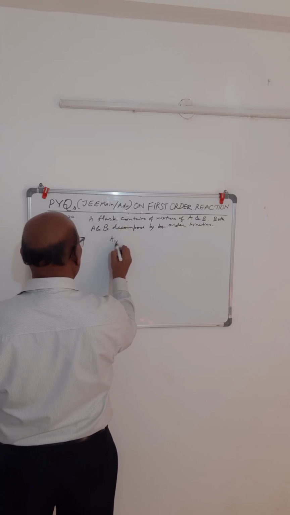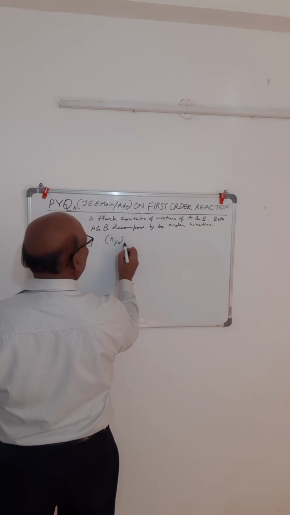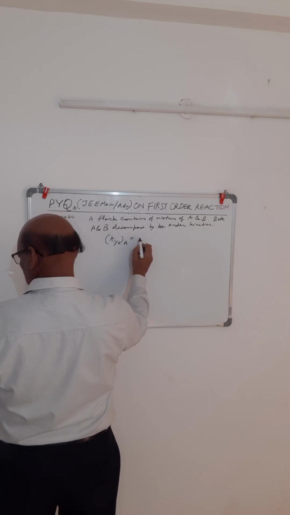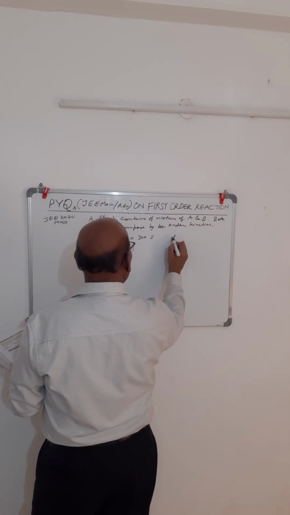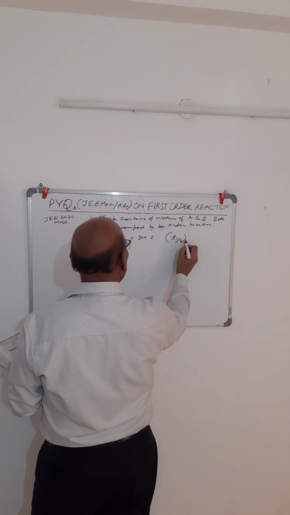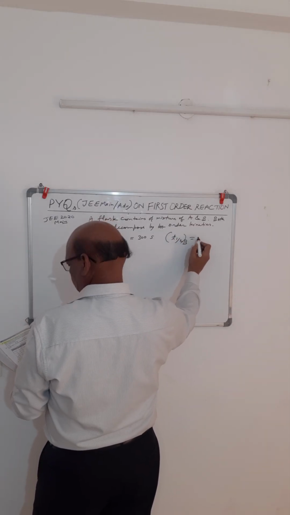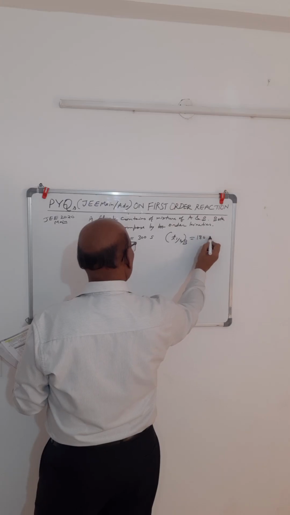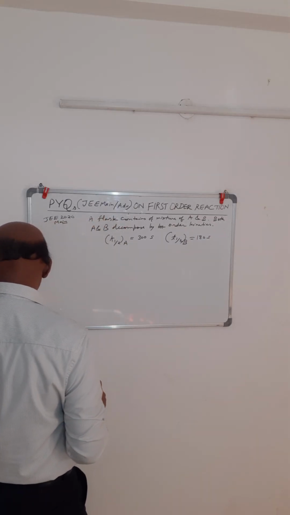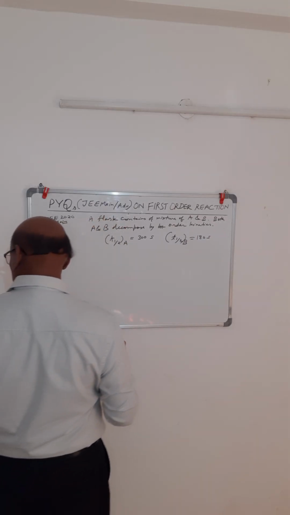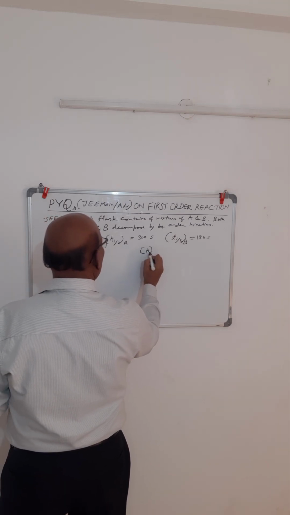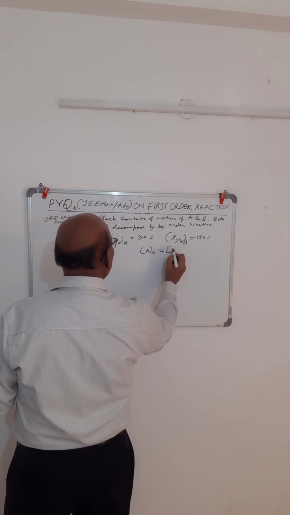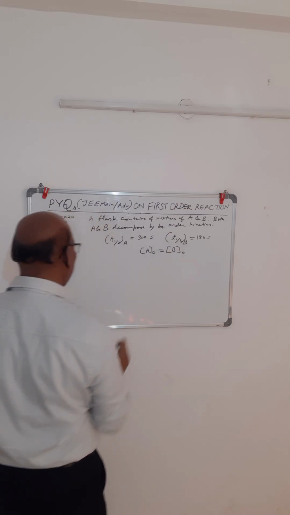T half for A is given as 300 seconds, and T half for B is given as 180 seconds. It is also given that the initial concentration of A is equal to the initial concentration of B. These are the given data.